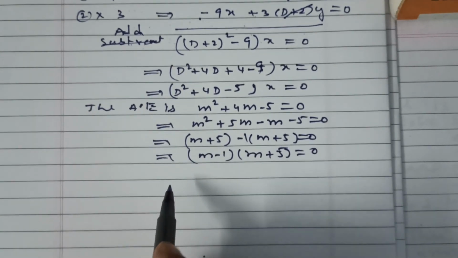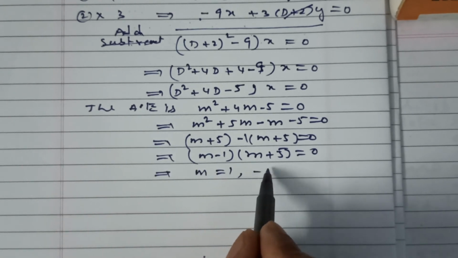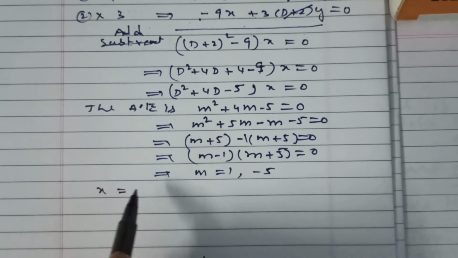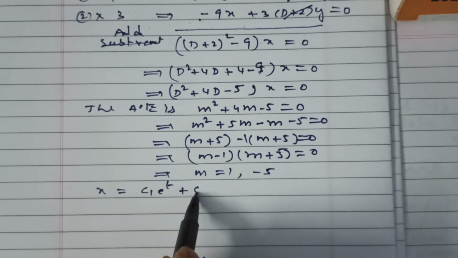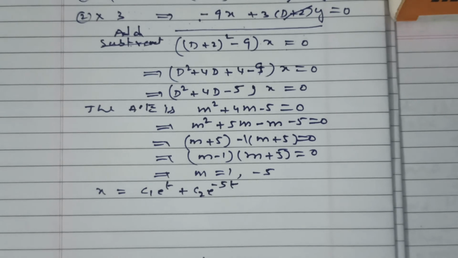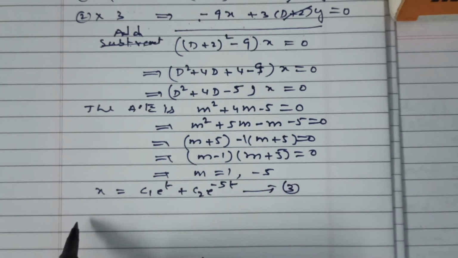So m = 1, -5. So x = c1 e^t + c2 e^(-5t). This is equation 3.